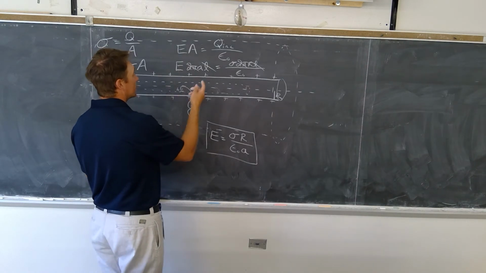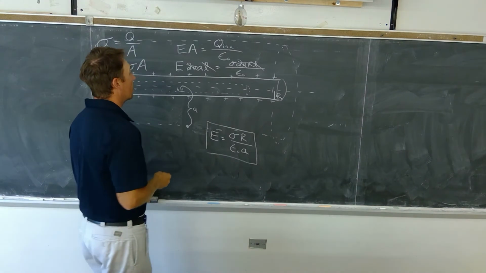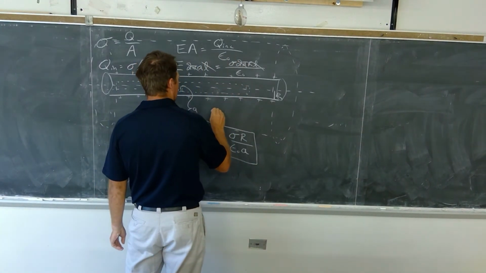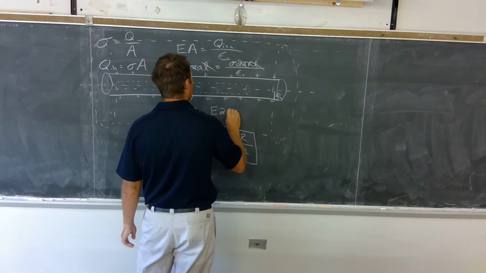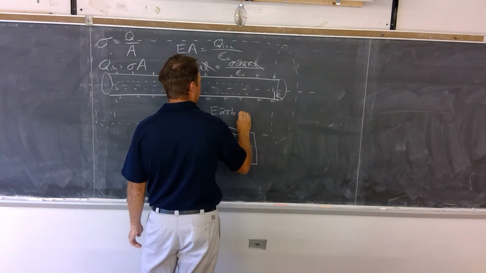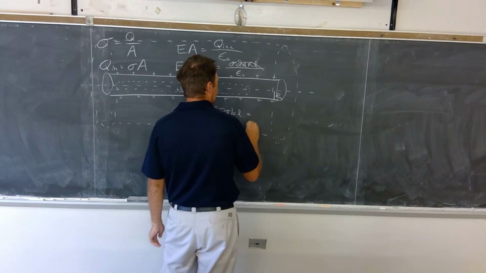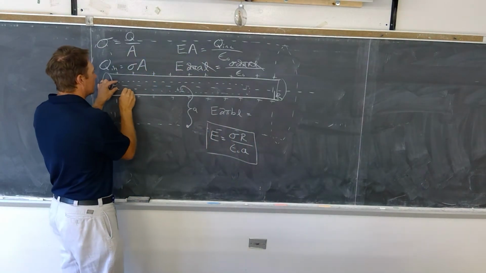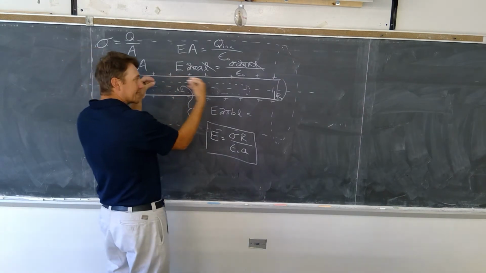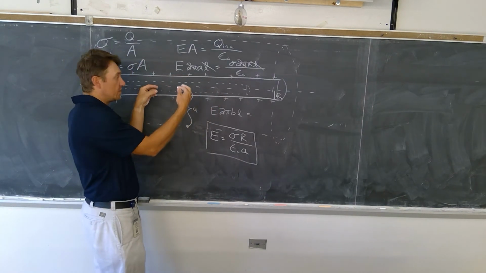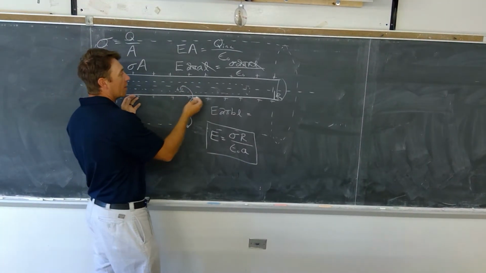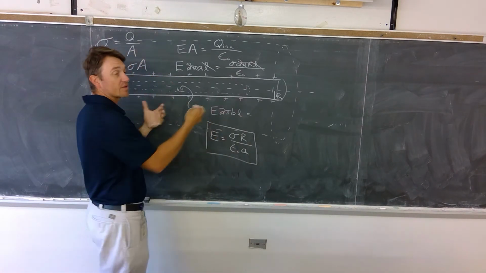So now I'm going to make this statement, EA equals Q over epsilon naught. Where again we have E times 2 pi B L this time, is equal to the charge enclosed over epsilon naught. But what do we know about the charge that's enclosed inside of my new Gaussian surface? There is none. All of the charge of a conductor resides on the surface of the conductor.